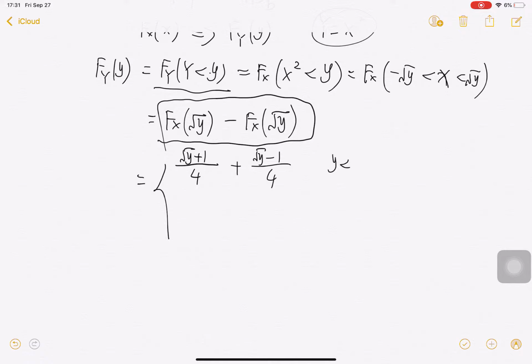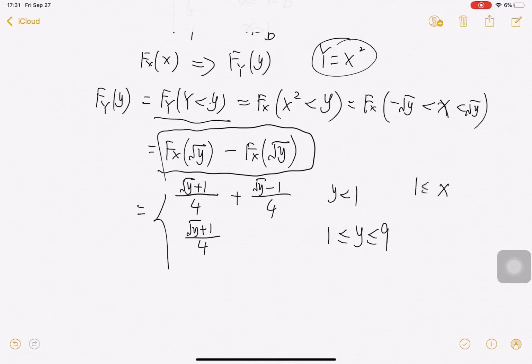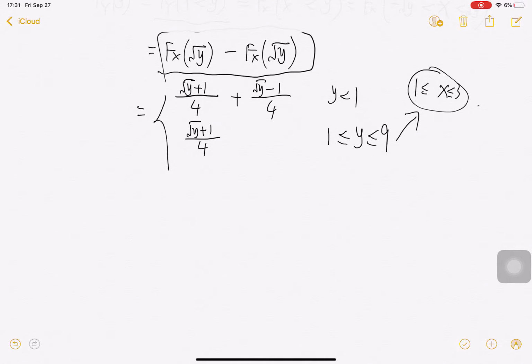When y is smaller than 1, it is 0, right? And when y is from 1 to 9, which makes x from 1 to 3, this is the easy part, and we don't have to do more explanation.